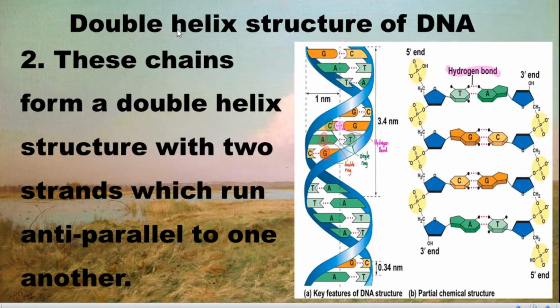That we call the helical shape of the DNA. These chains form a double helical structure with two strands which run anti-parallel to one another. So look at this.